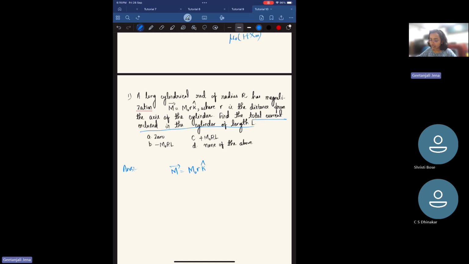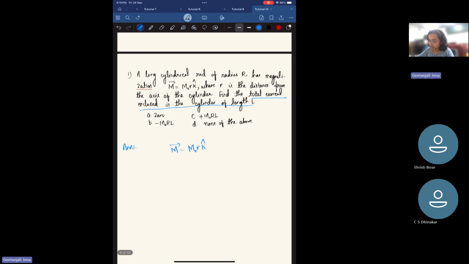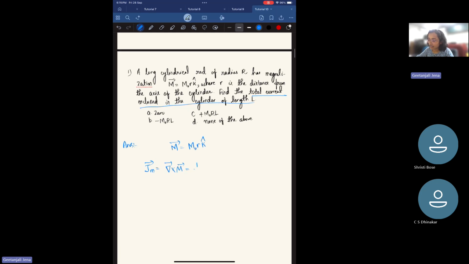M is already given, so you can easily calculate the volume current density due to the magnetization. This is given by curl of M. In cylindrical coordinates, you can write it as 1 by R times the determinant of R hat, R phi hat, z hat, dou by dou R, dou by dou phi, dou by dou z.